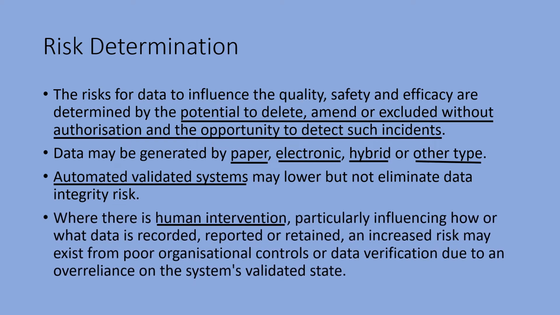Where there is human intervention, particularly influencing how or what data is recorded, reported, or retained, an increased risk may exist from poor organizational controls or data verification due to an over-reliance on the system's validated state. Where human intervention is there, the risk is higher. Also, poor organizational controls and overconfidence on the automated system operation can lead to data integrity issues.